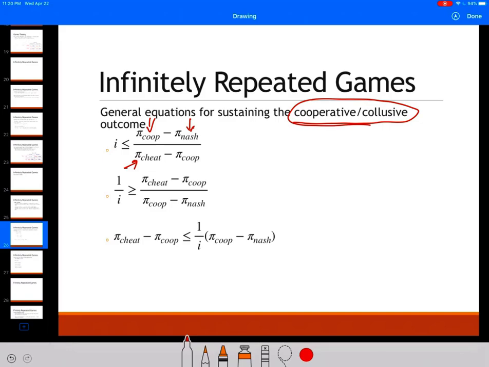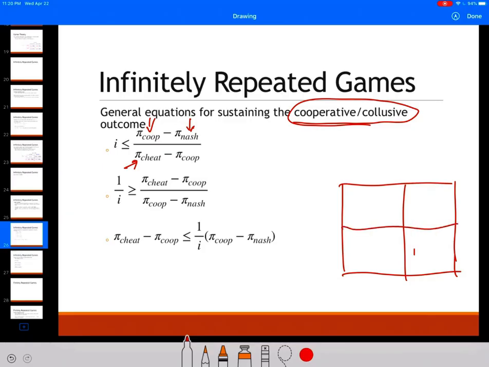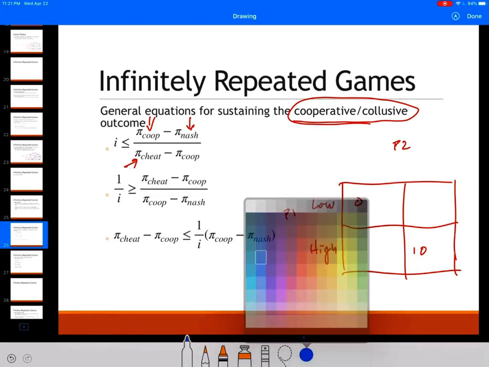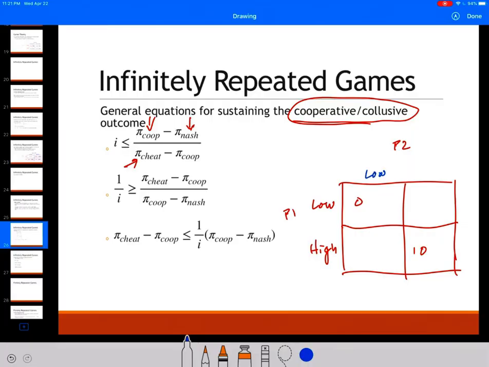So let's just draw the game we had, and I'll label each of these, okay? So we had 10, we had 0, and this was low, this was high price, and this is player 1. This is player 2, okay? This is again low, high, this is player 2.